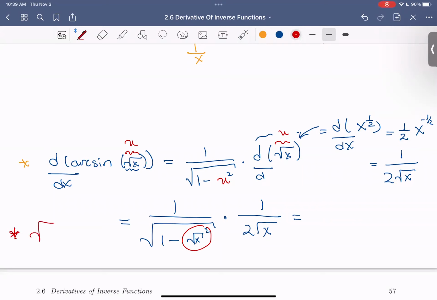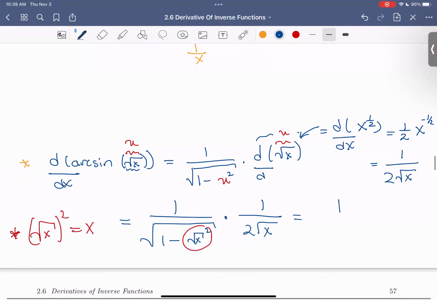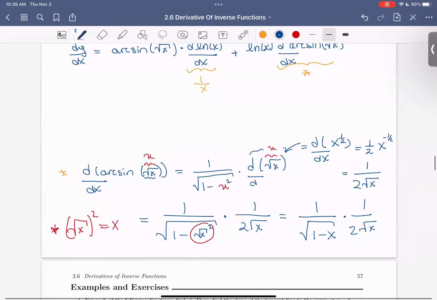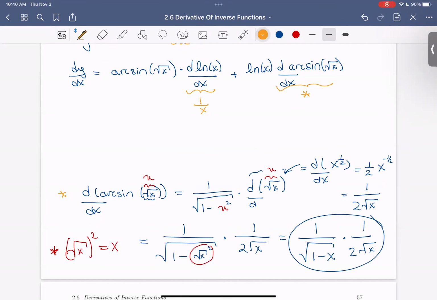So now if we have square root and we're squaring that, that's just equal to x itself. So this becomes 1 over square root of 1 minus x times 1 over 2 root x. So let's go ahead and fill that in upstairs where we need it.